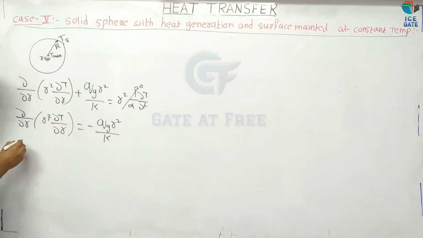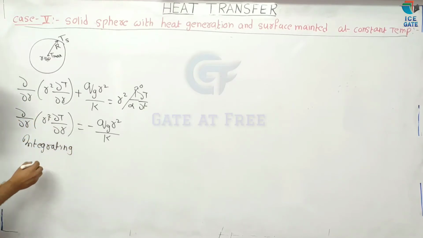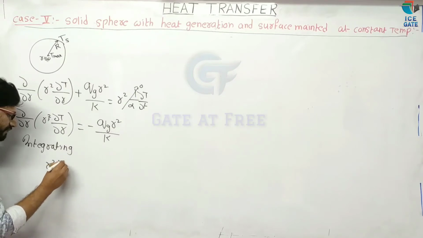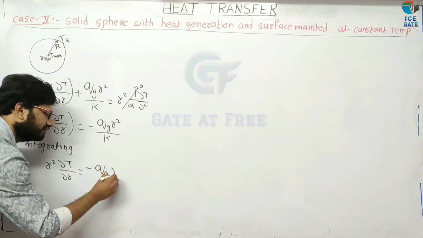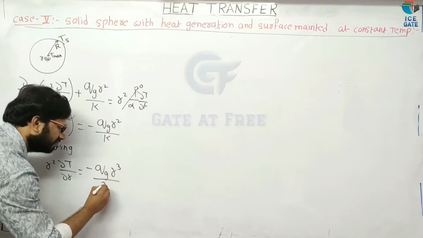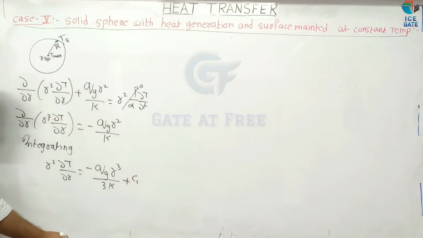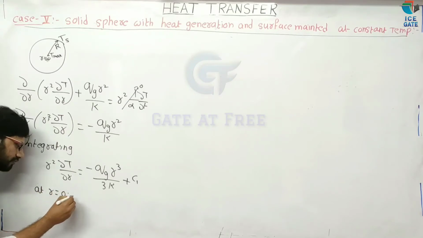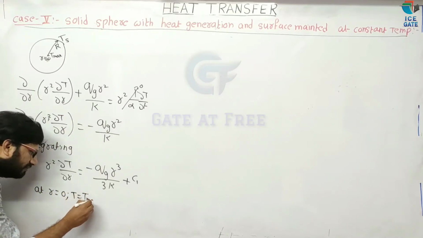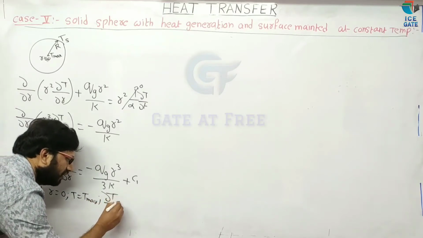Now, what's the next step? Integrating. By integrating on both sides, we get r² ∂T/∂r is equal to minus Qg r³/3k plus constant C1. Now, by taking the boundary condition, at r equal to 0, T equal to T max, at maximum temperature the slope ∂T/∂r equal to 0.